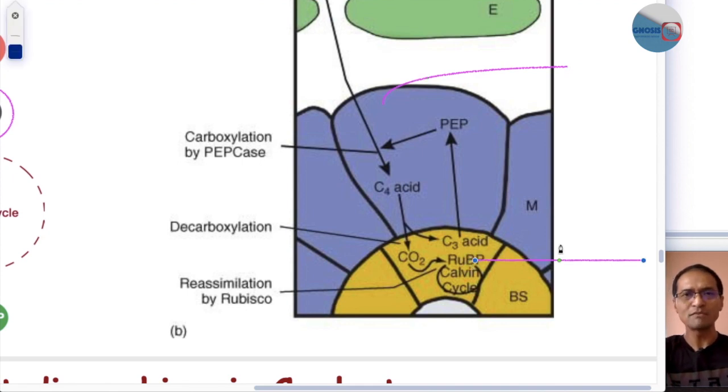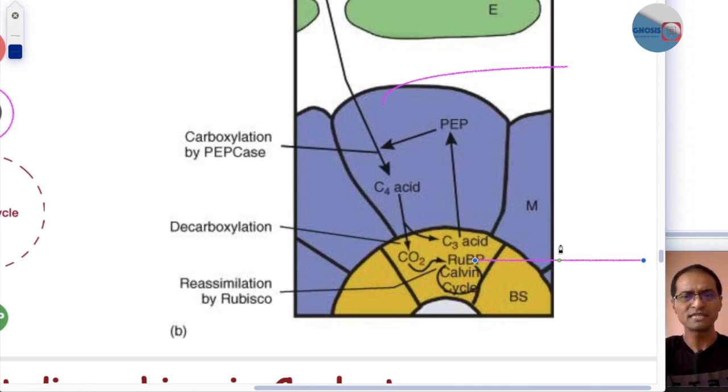So the anatomical adaptation of C4 plants compared to C3 plants is that the C4 plants now have chloroplasts in the bundle sheath cells and also have chloroplasts in the mesophyll cells.